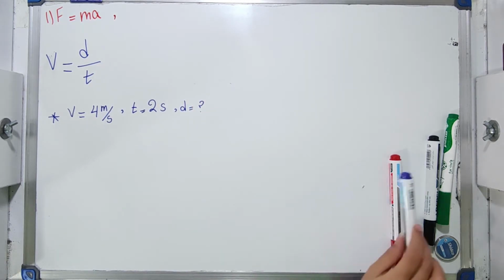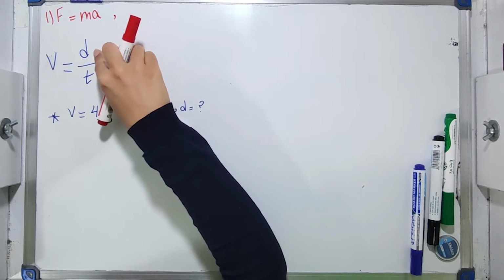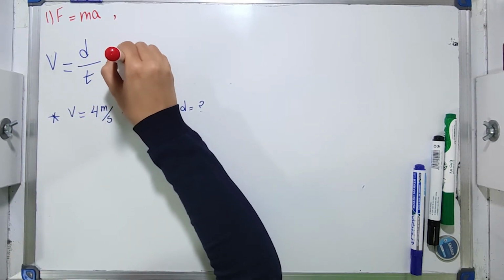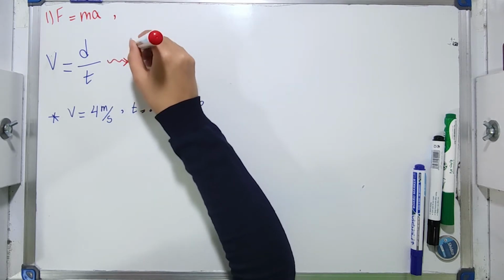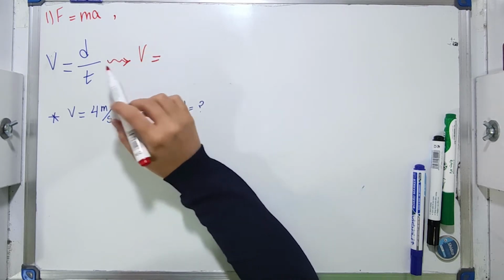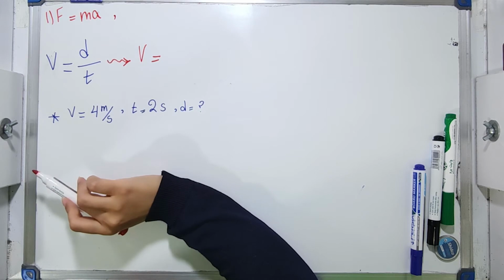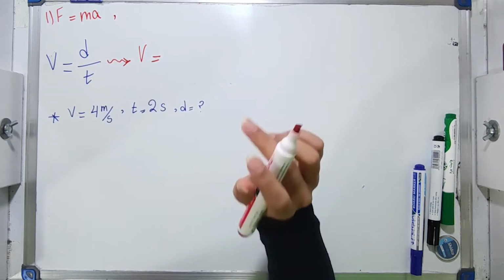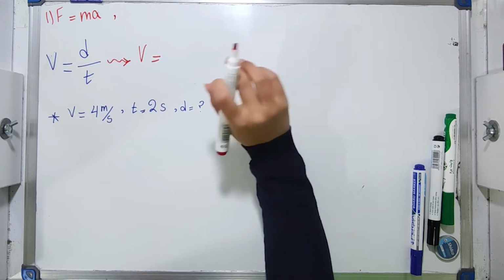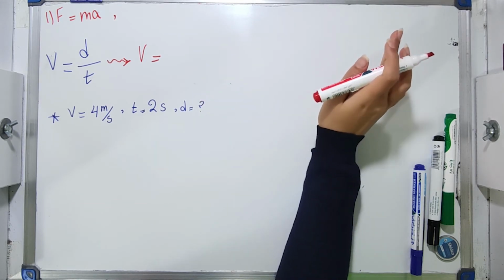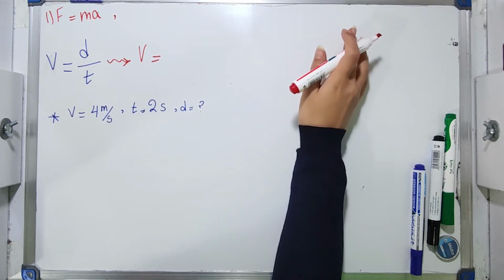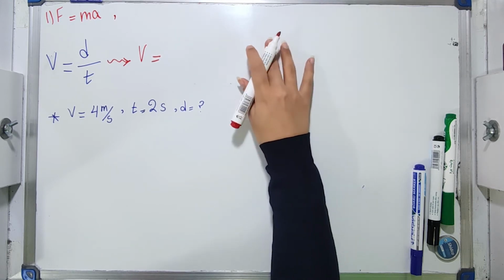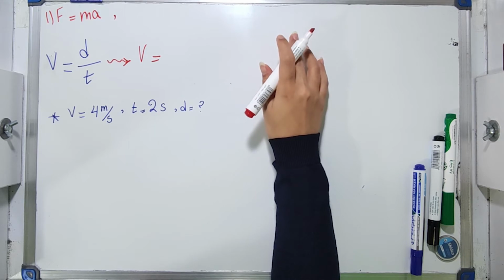What I have to do is make D alone. What am I supposed to do? Between D and T, D divided by T. So there is a division. I told you whenever you have division, for canceling another number, another parameter, you are supposed to use multiplication.